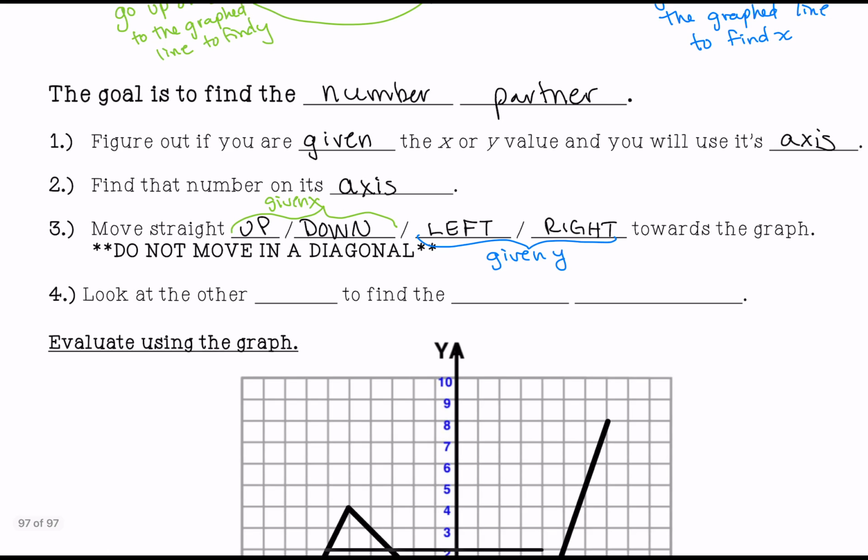Then you're going to look at the other axis to find the number partner. Now, what's really important here is what I have written in bold. Do not move in a diagonal. It's straight up, straight down, straight left, straight right. Okay? Those are your movements.